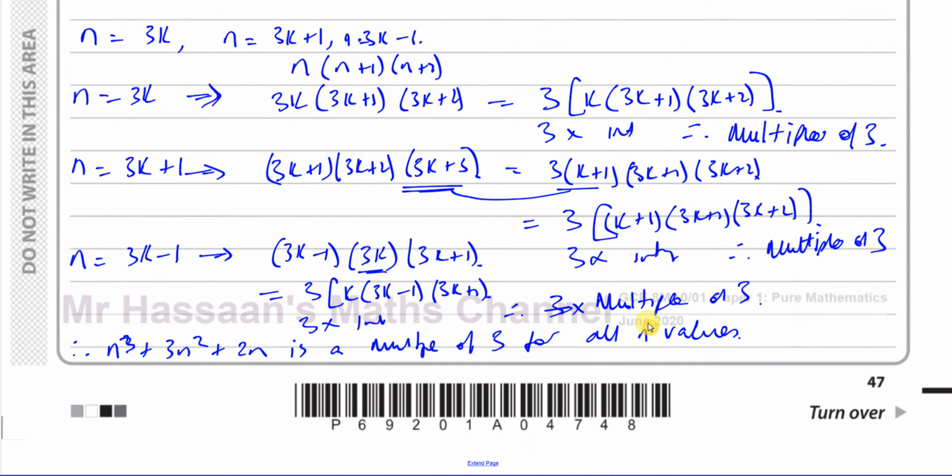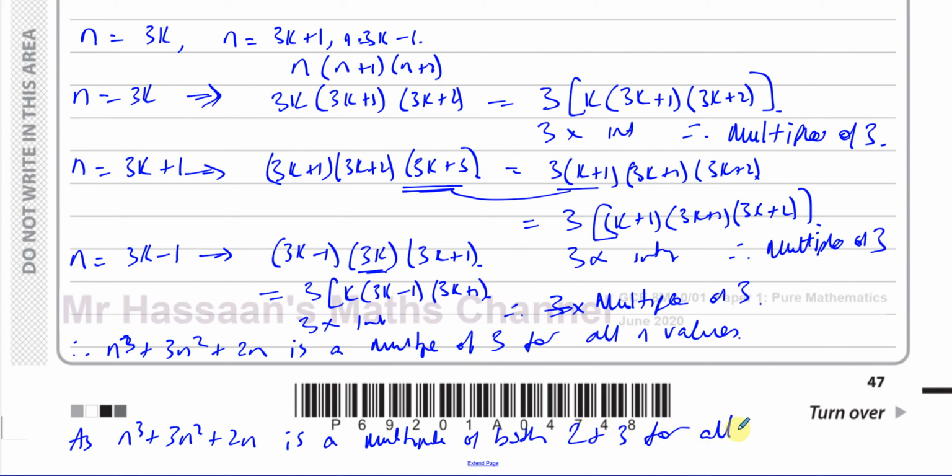Okay, so I'm just going to write down here, instead of going to the next page, we can say therefore, as n cubed plus 3n squared plus 2n is a multiple of both 2 and 3 for all n, therefore it is divisible by 6. Please excuse my bad handwriting here.